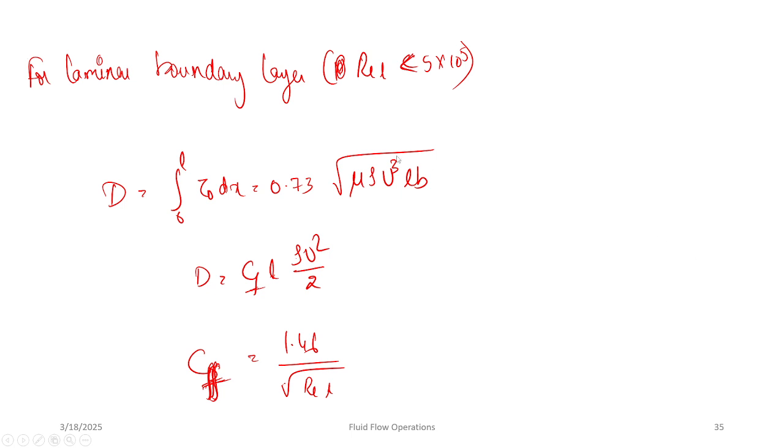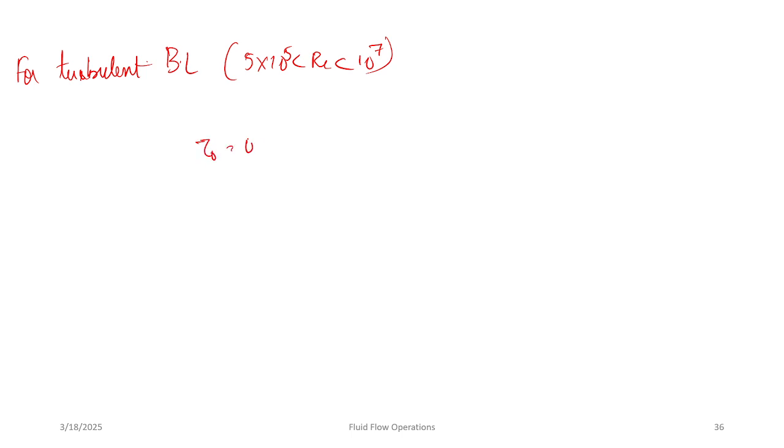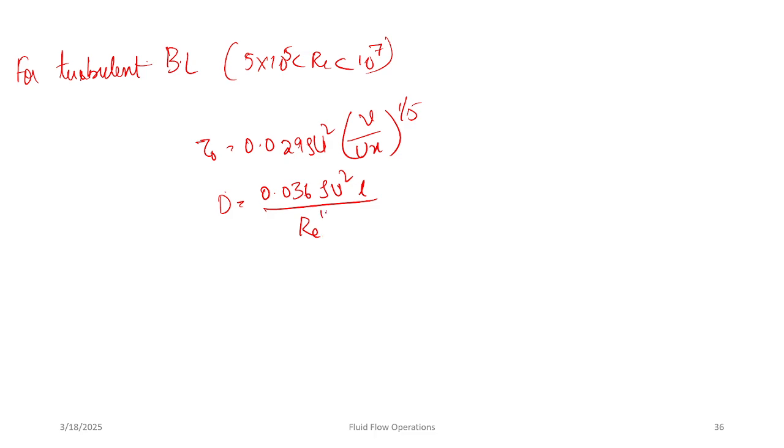Okay, and for turbulent boundary layer, tau naught will be equal to 0.029 into rho U square into (nu by Ux) power 1 by 5, and D will be equal to 0.036 into rho U square into L by RE power 1 by 5, and CF will be equal to 0.072 RE power minus 1 by 5.